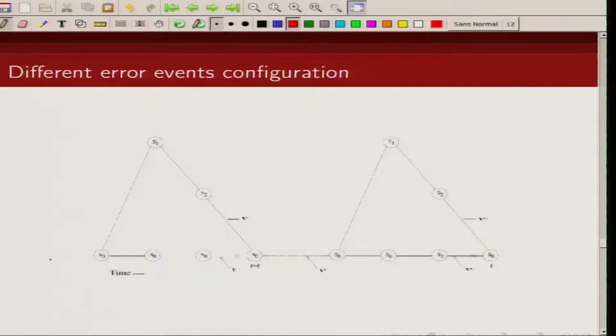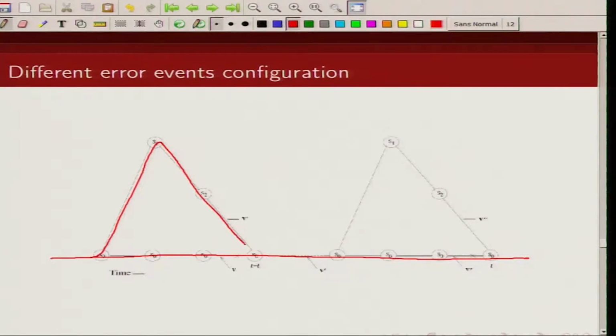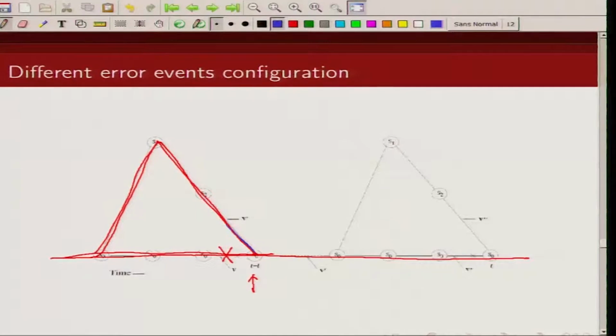For example, you could have a scenario like this. You diverge from all 0 state and then you merge back, and at this time instance, let us say your metric corresponding to this path was better than metric corresponding to the all 0 state path. So, you have discarded the all 0 state path and decided in favor of this path.